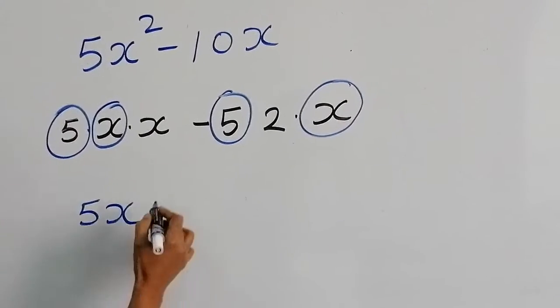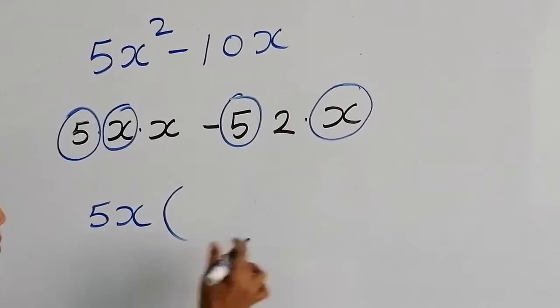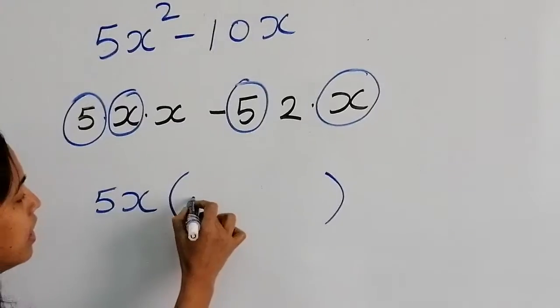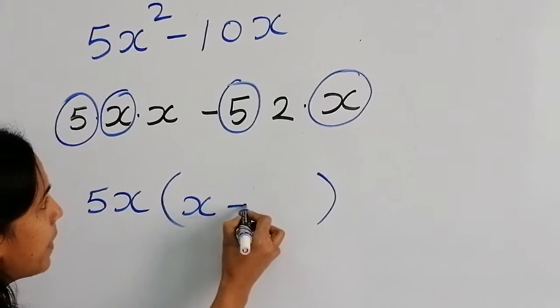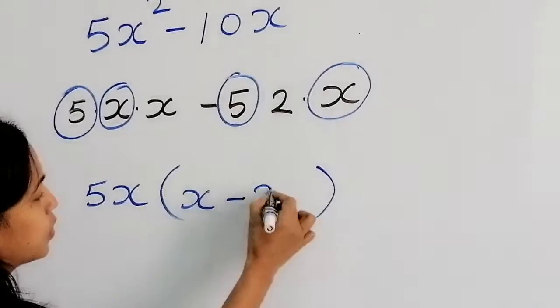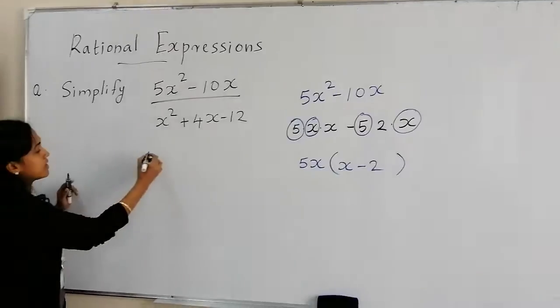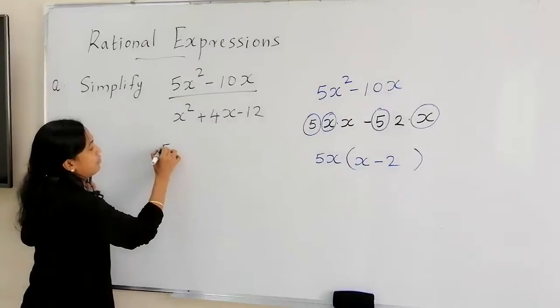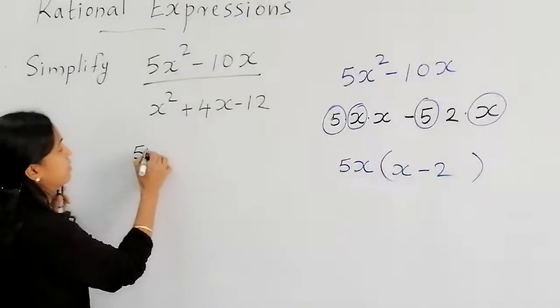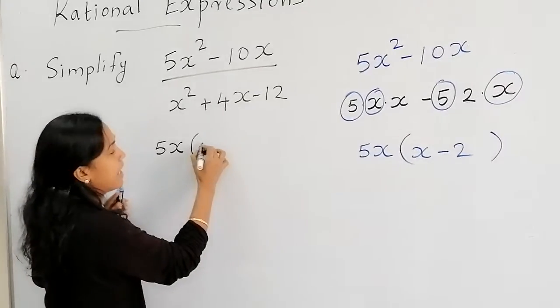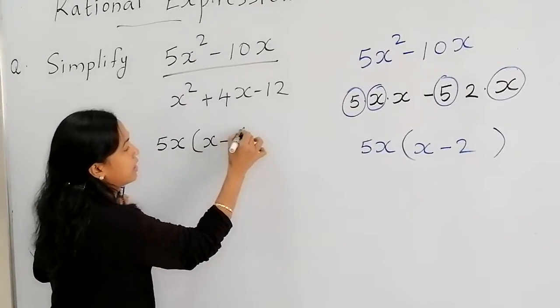I will take 5x outside and put a bracket. What is left here? x minus 2. So the factors of the numerator are 5x times x minus 2.